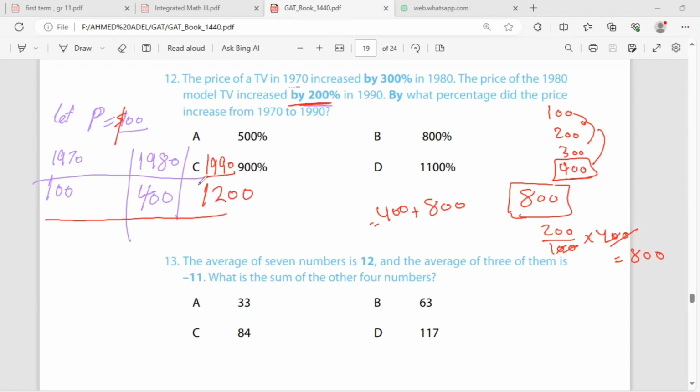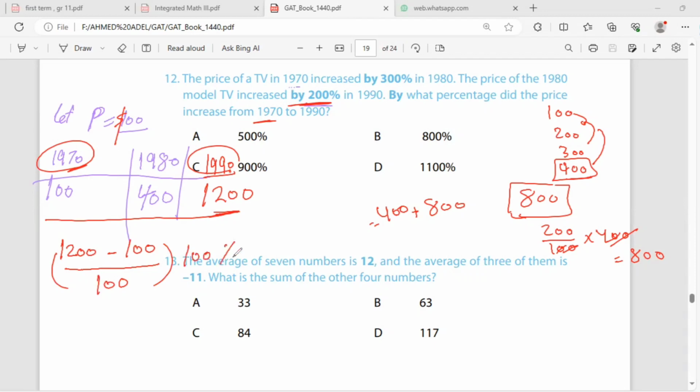So here, what percentage did the price increase from 1970 to 1990? See the difference, or the amount of increase. The amount of increase here is 1,200 minus 100, divided by the original price 100, multiplied by 100%.